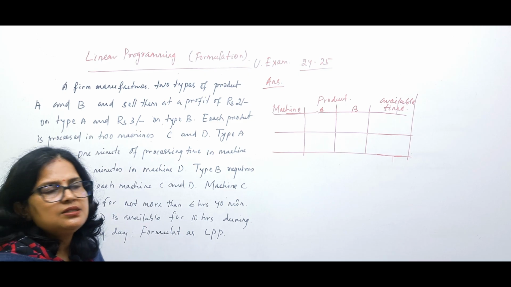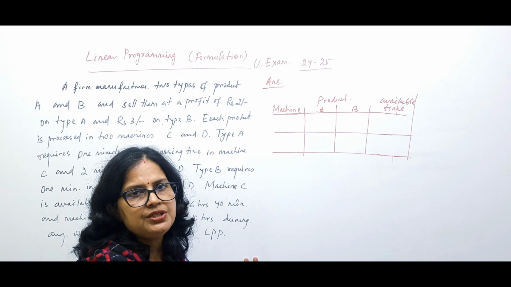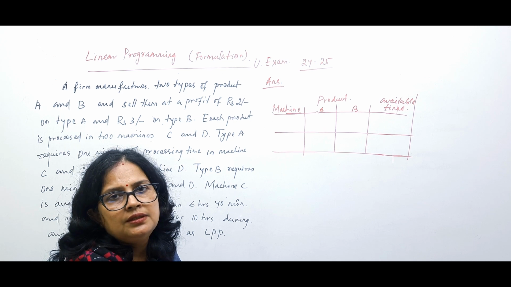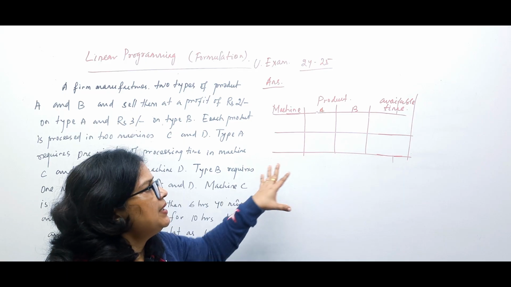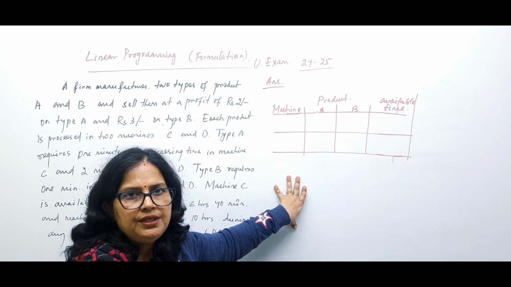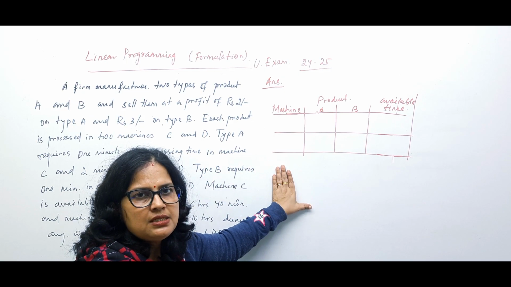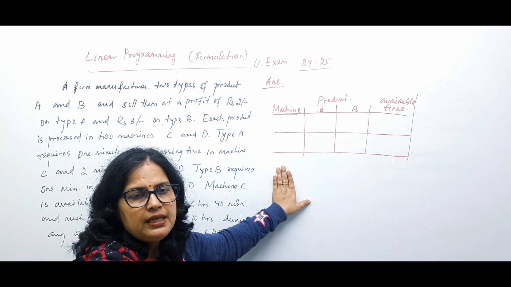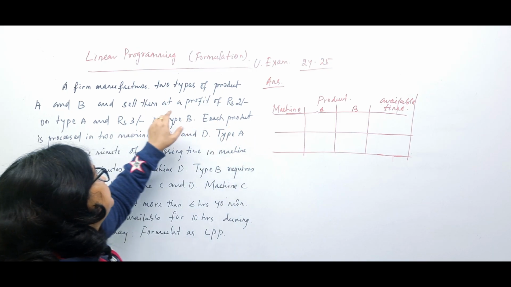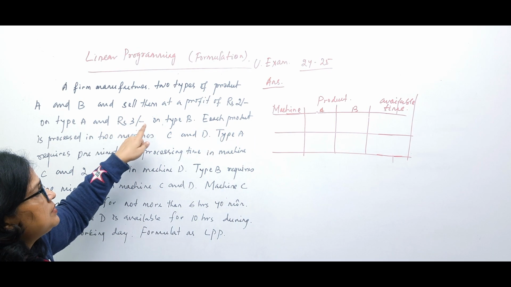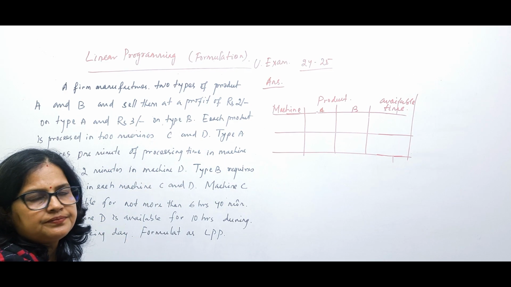Formulate as LPP. So we need to express it in the linear programming formulation, or the mathematical model, of linear programming. So how are we going to write it? As we all know, the first step is to take a decision on the decision variables, meaning how many units of A and how many units of B we need to produce to maximize the profit.